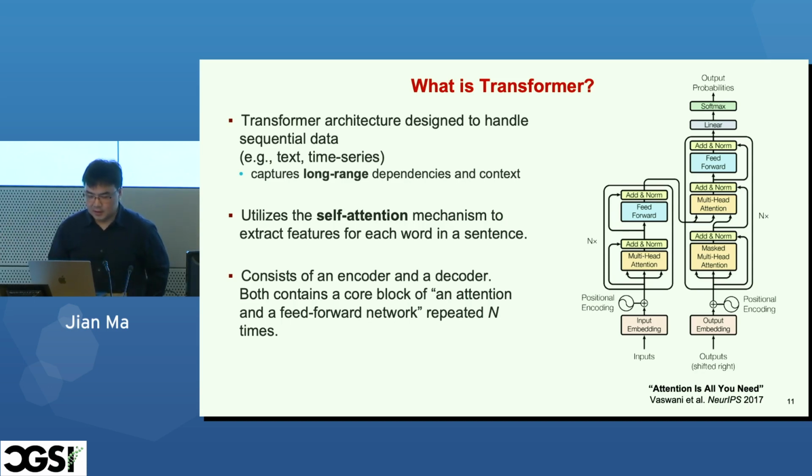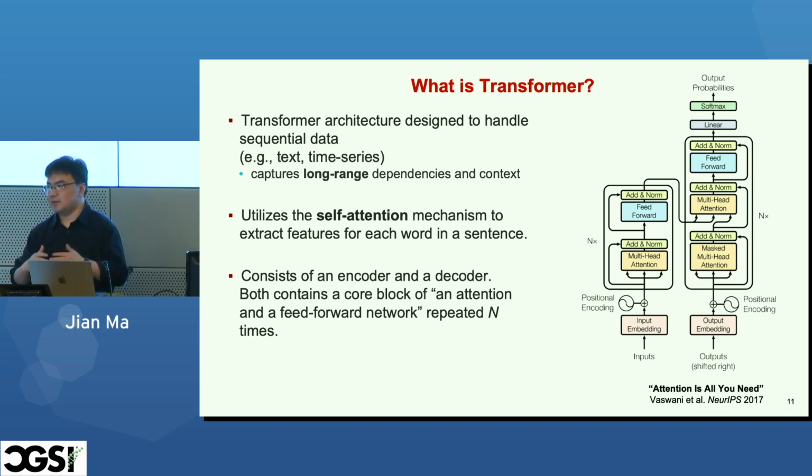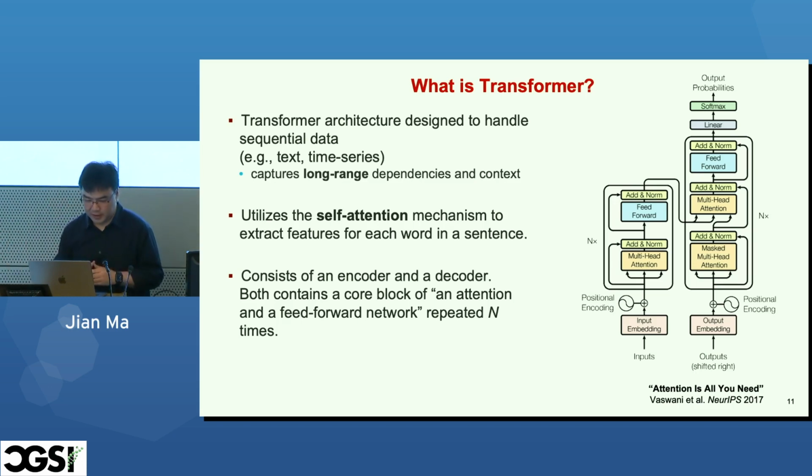It utilizes a key mechanism called self-attention. Essentially, during training, it looks at each token or each word to see what other words this word attends to, right? You can consider that as the dependencies among these words, their connections, and the underlying meaning of the sentence that we are looking at.